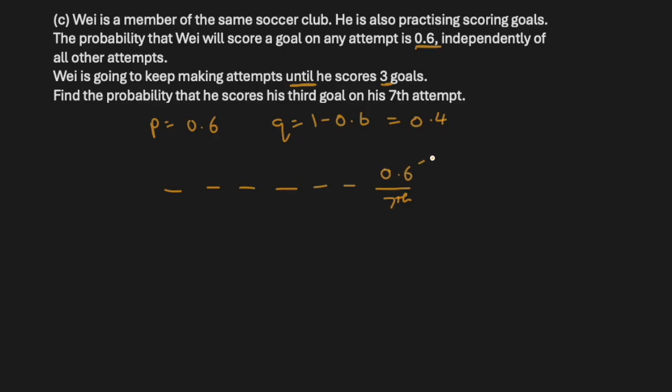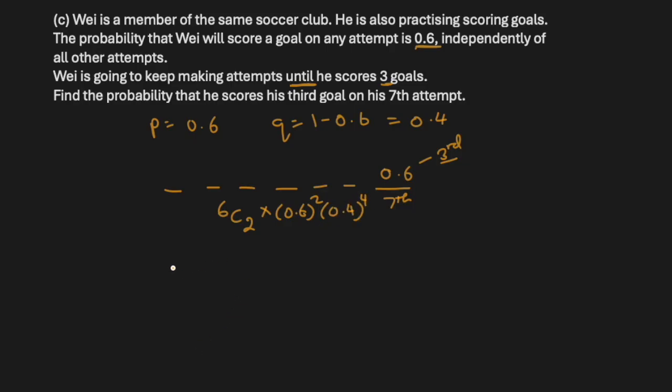Now this should be the 3rd successful attempt. That means before this we should get 2 successes, which will be out of 6, any 2 will be successes, and the probability of them is 0.6 to the power 2. That means the rest of the 4 are failures.